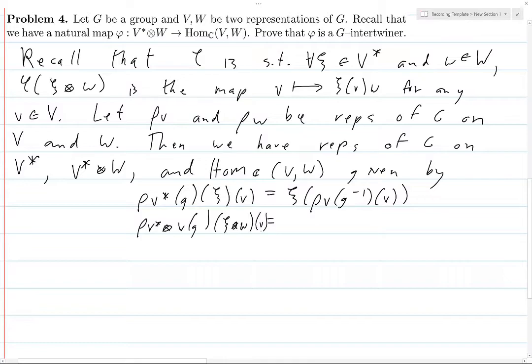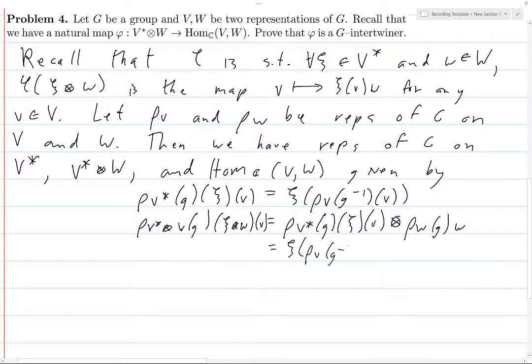And so this is going to be rho V star of g of xi of v tensored with rho W of g w. But then using the previous step, we can actually replace this thing on the left here with xi of rho V g inverse v tensor rho W g w. So this is an uppercase W. I'll try to make it more pointy, and this is a lowercase, so I'll try to make it more squiggly. Okay, so that's that.